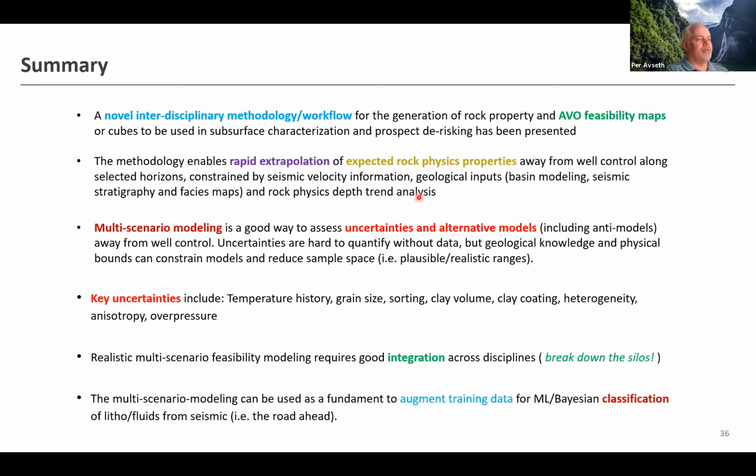And if this is in a frontier area with few wells, you probably don't know too much of that. At the end of the day, you could add any complexity you want, but of course that will create many scenarios. Combining this with an inversion workflow, maybe you could be better in terms of classifying different facies and then use that again and sort of iteratively do inversion and AVO feasibility modeling. Maybe that's a way as well.